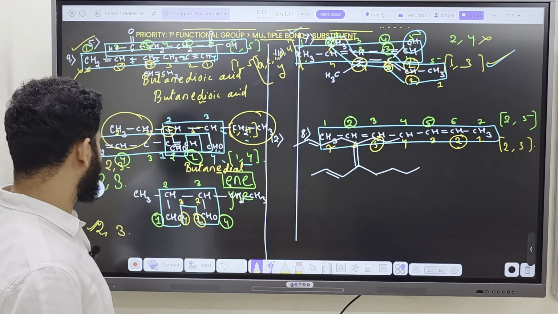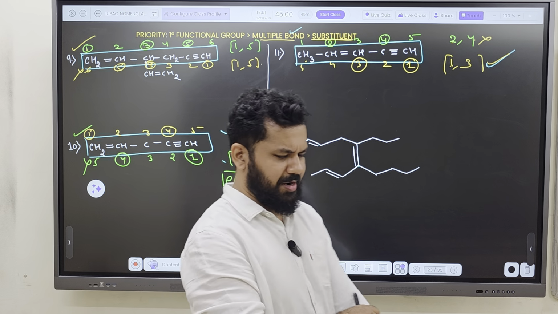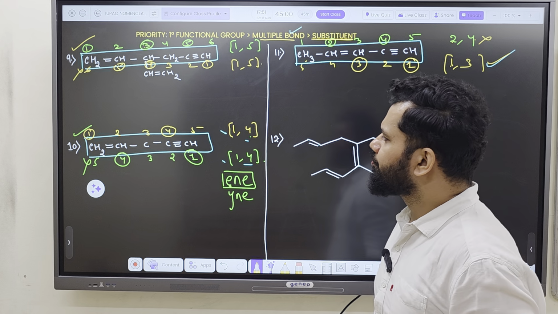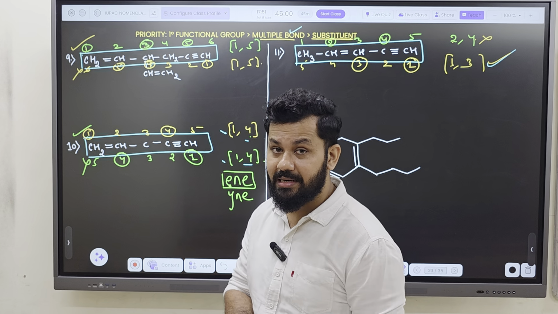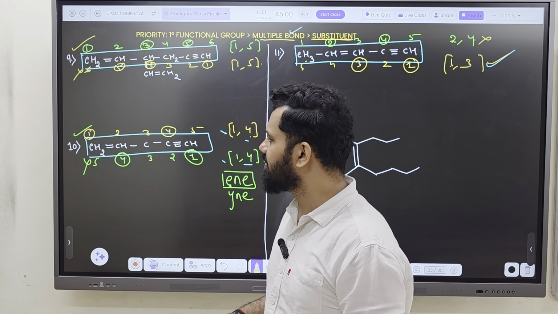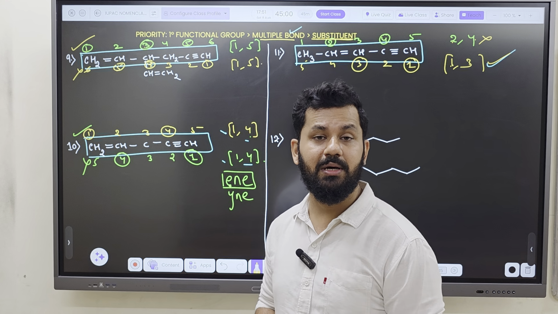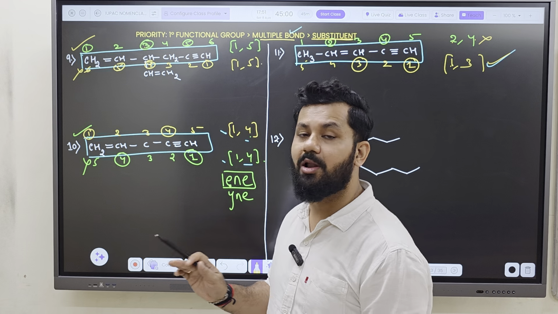Example number 9. Very important example. Here there is no functional group, so I have to number in such a way that I assign the minimum number to the multiple bond. At this point, I make no distinction between double or triple bond.